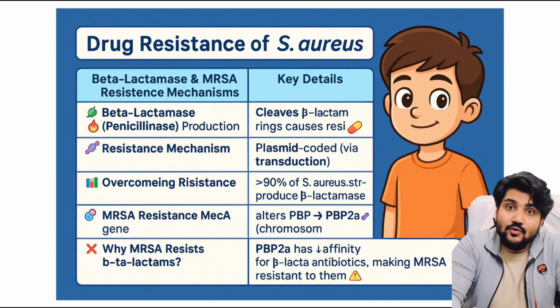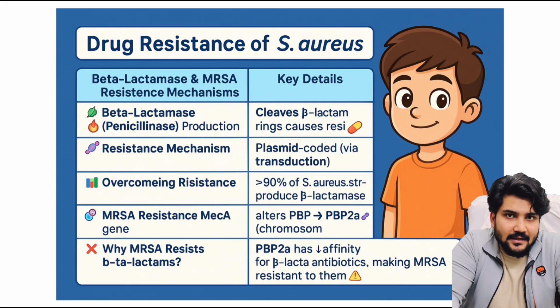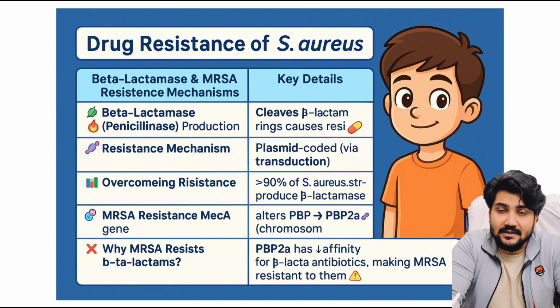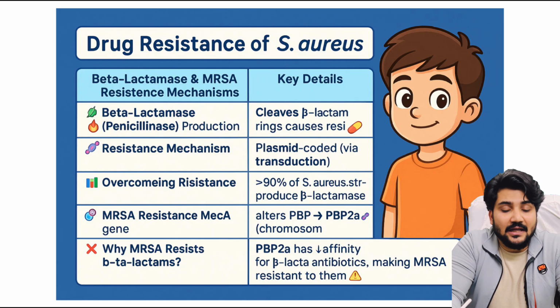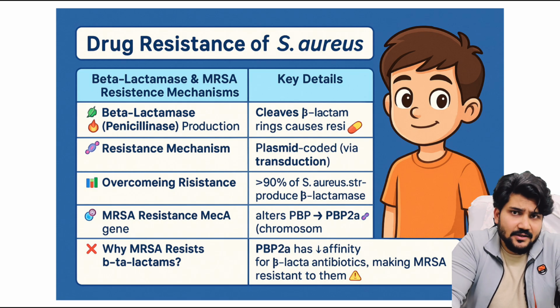Then how will you overcome this beta lactamase production? You can add a beta lactamase inhibitor like clavulanic acid, sulbactam. These kinds of drugs you can use.